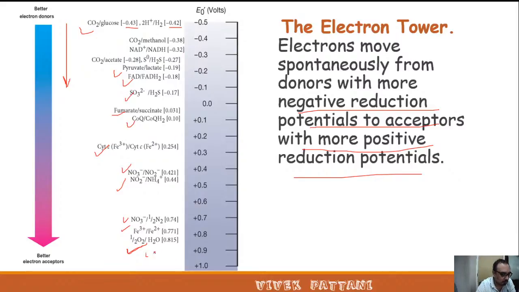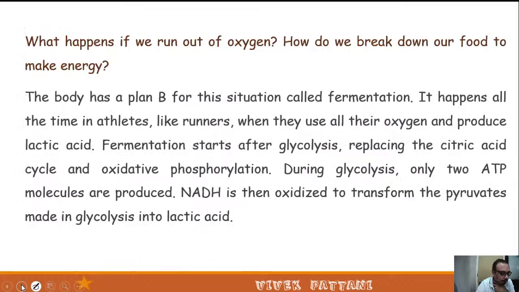The ones which use oxygen as a terminal electron acceptor, as I told you in the last lecture, are basically aerobes. But facultative anaerobes may also use other compounds, which I am going to discuss today.